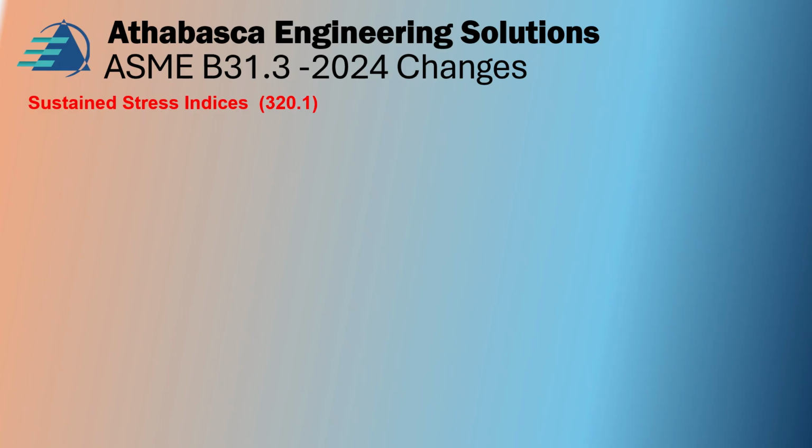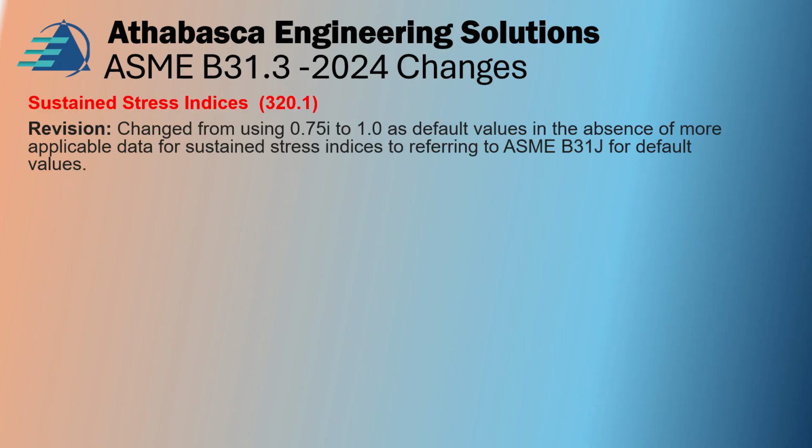Sustained stress indices, that's found in 320.1. And it's been revised. So what they did is they changed from using a stress index of 0.75i to 1.0 as default values in the absence of more applicable data for sustained stress indices.